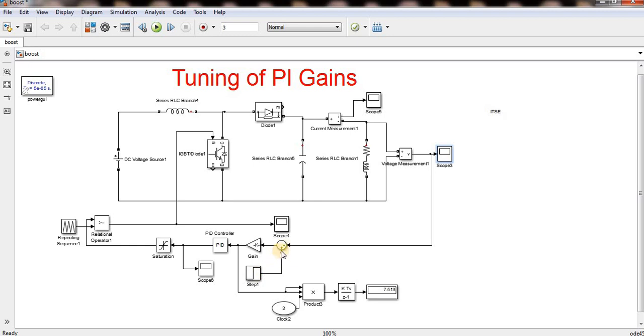Your reference voltage will go to the negative, your output voltage of the DC link is coming to the positive, because if there is more DC link voltage, I have to transfer more current. But in this case, if I take negative, more voltage means it will decrease my output, because negative gain is coming, it will decrease my output. So the logic is reverse in this case.